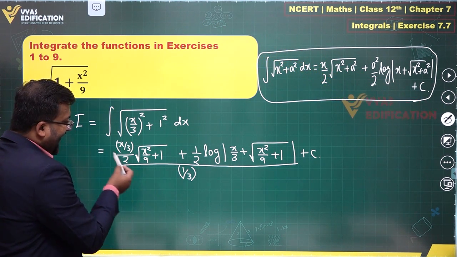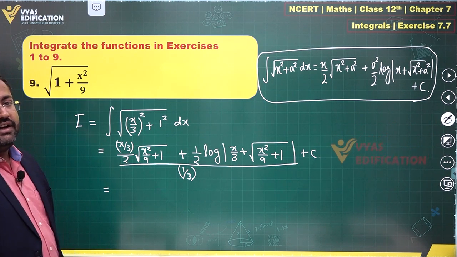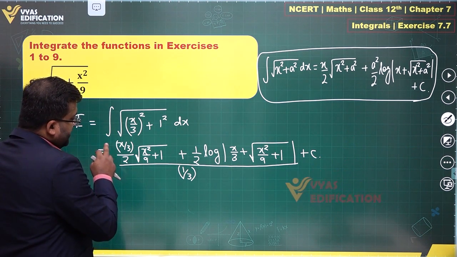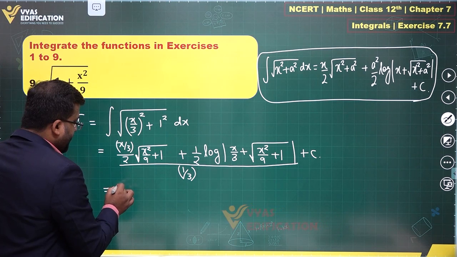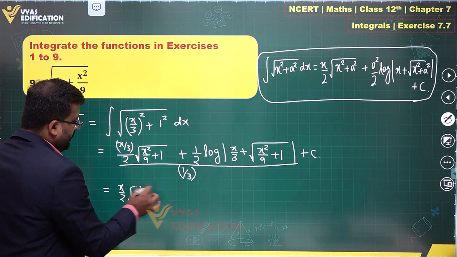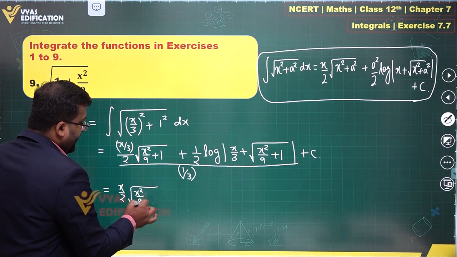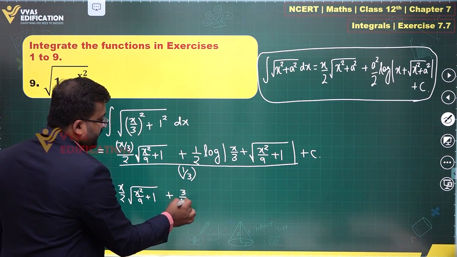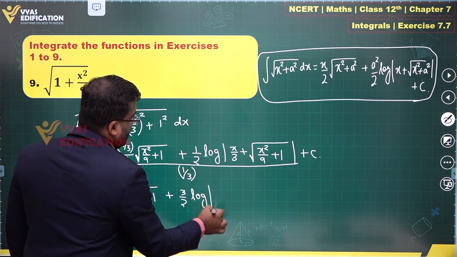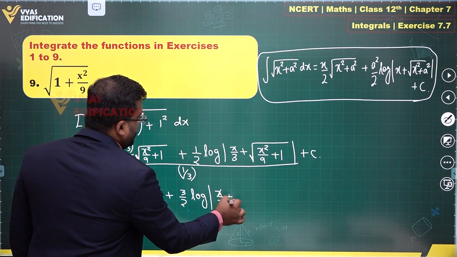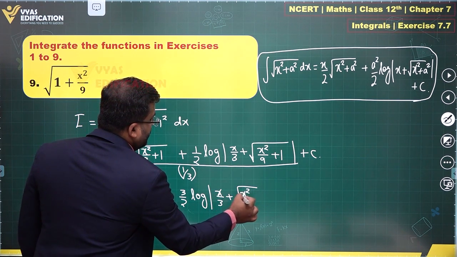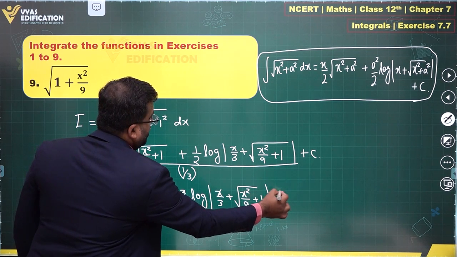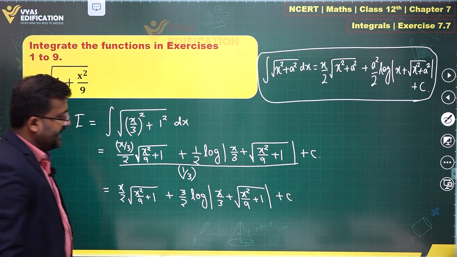This 3 goes in a product in the numerator, so that becomes 3x by 6, which is x by 2, times the square root of x square by 9 plus 1, plus 3 by 2 log modulus x by 3 plus the square root of x square by 9 plus 1, plus constant.